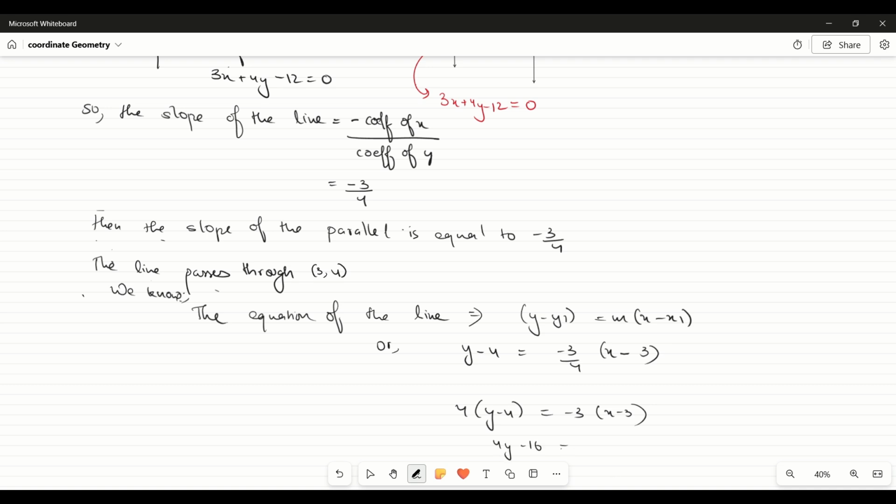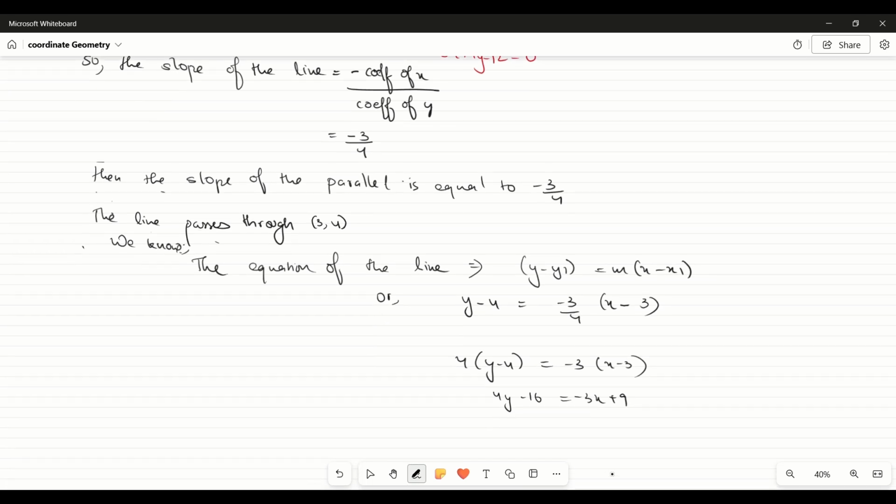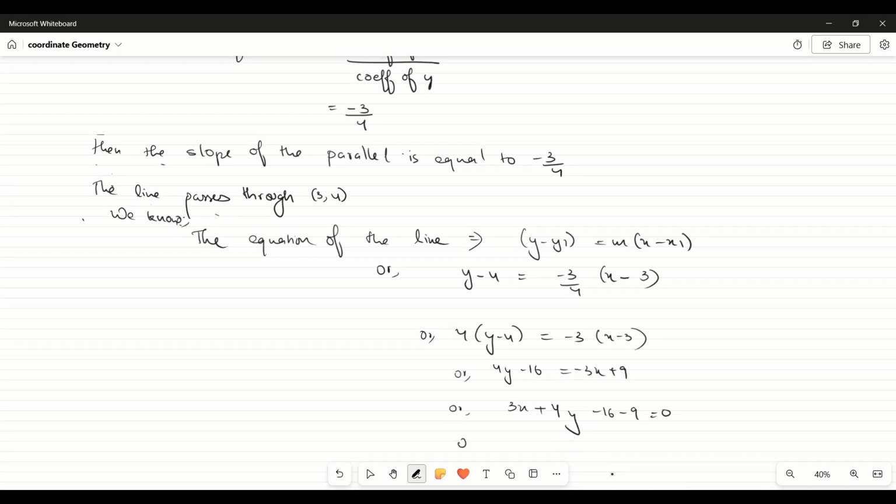So it will be 4y minus 16 equals minus 3x plus 9, or 3x plus 4y minus 16 minus 9 equals 0, which is 3x plus 4y minus 25 equals 0.